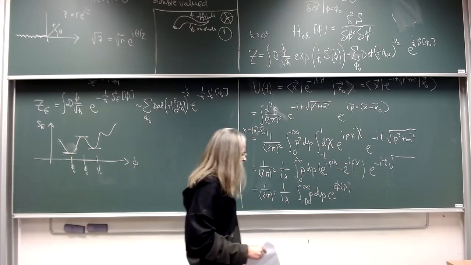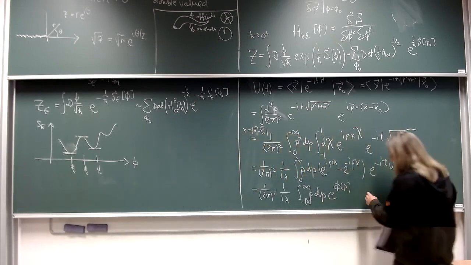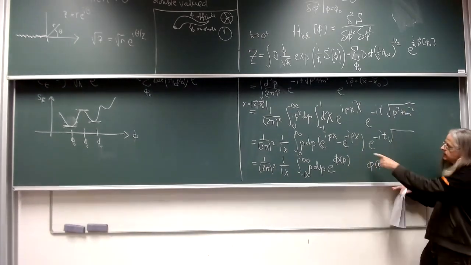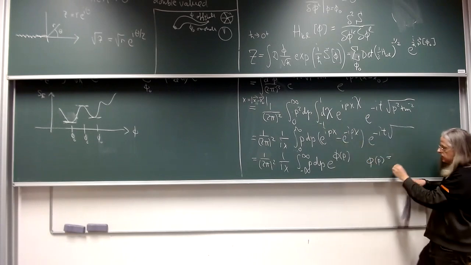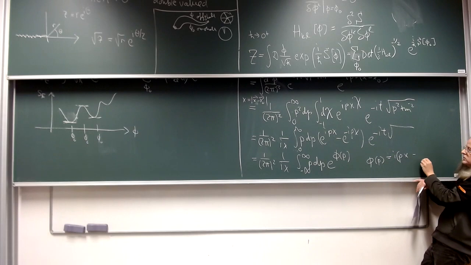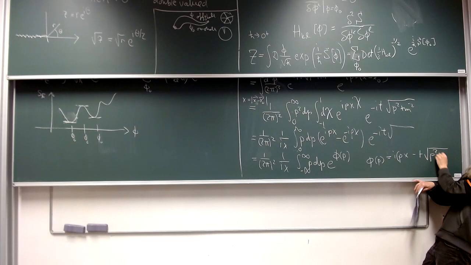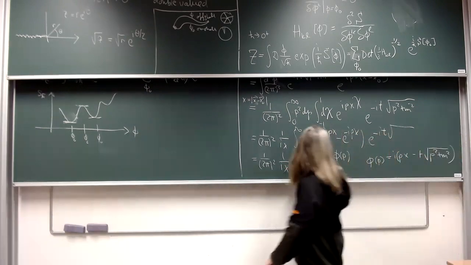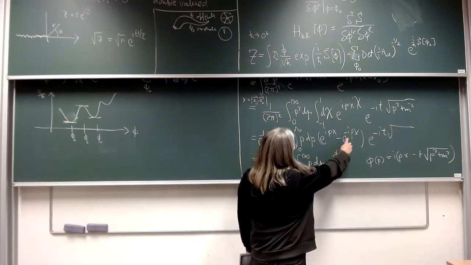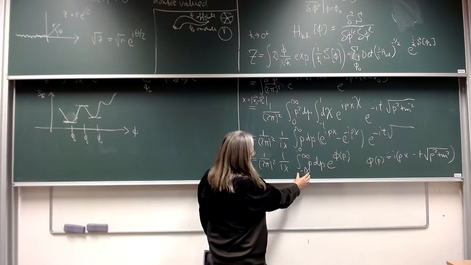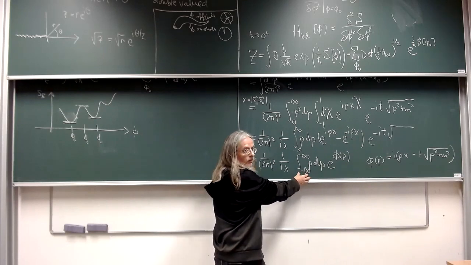Yeah, sorry for the name, that was just what stuck. My phi is the exponent. So it's i p x minus i t square root of p squared plus m squared. Is it clear what's going on? So what we're doing is that here I'm changing p to minus p, and that gives me the negative part of the momentum.